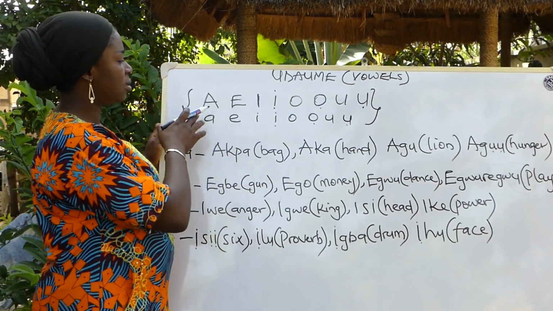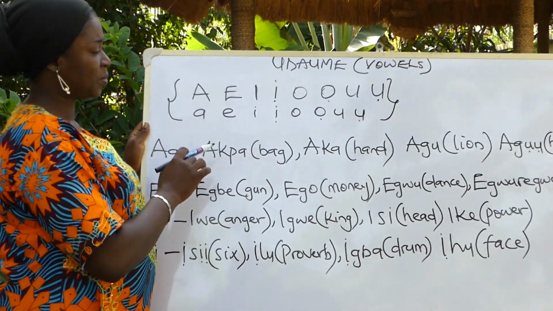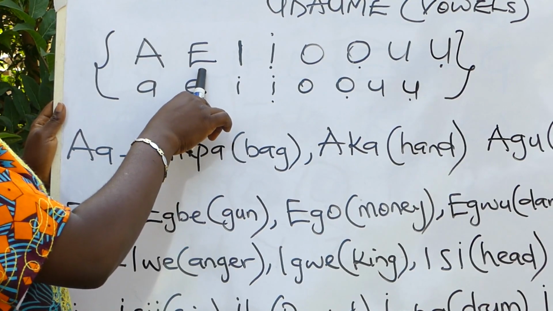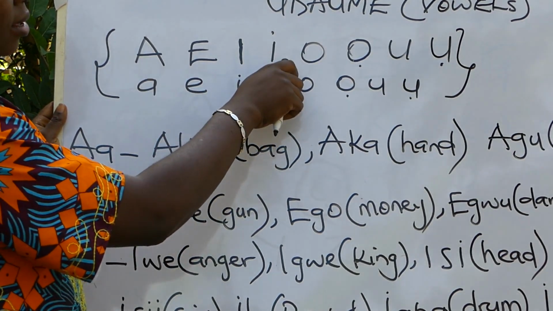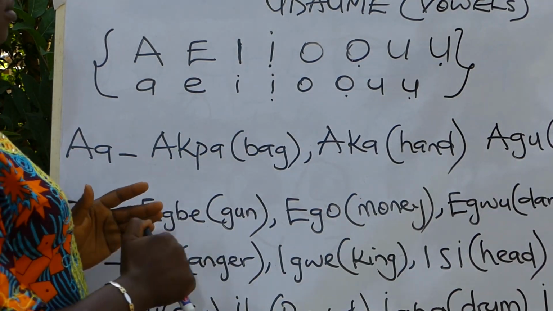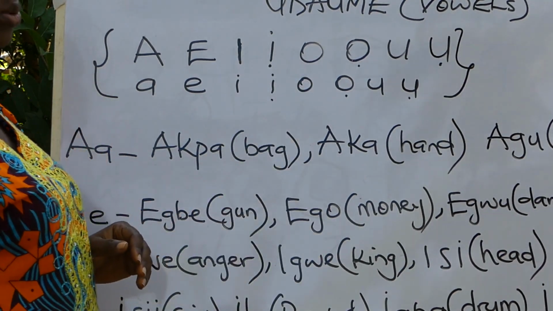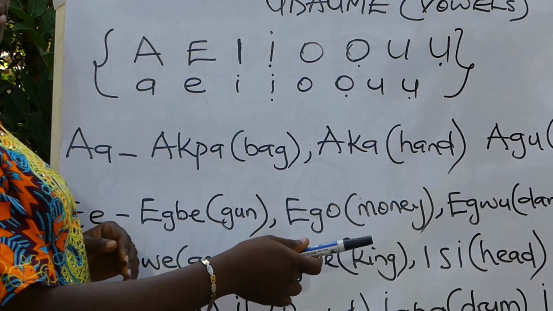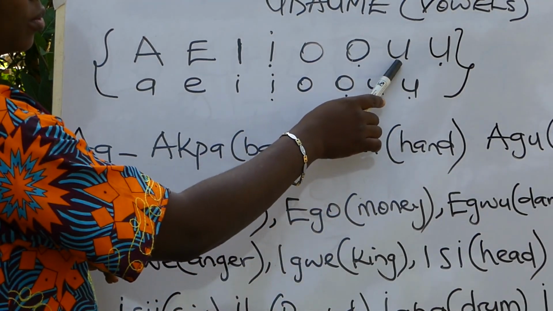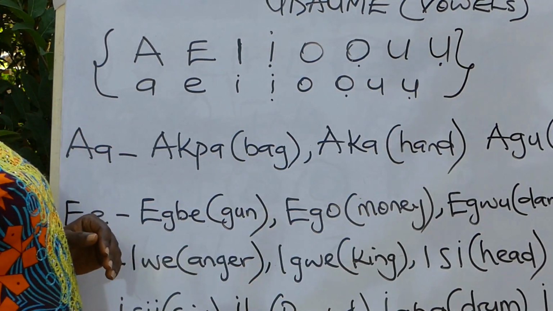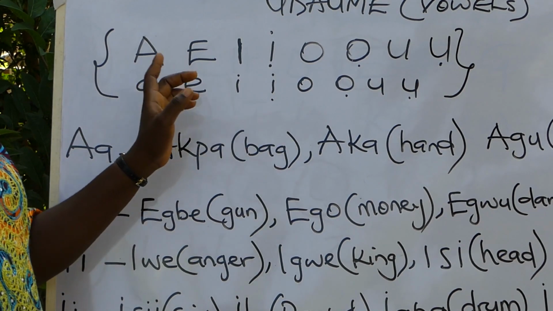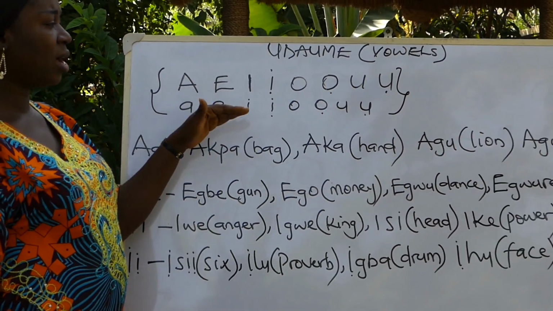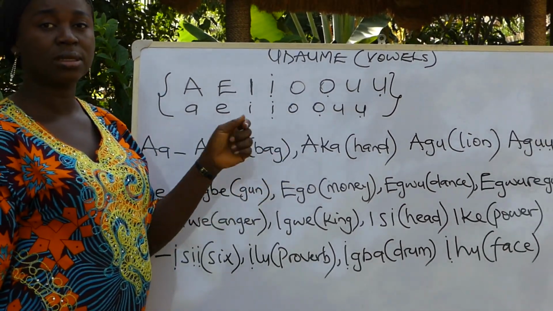So let's proceed. A, E, I, O, U, the Igbo vowels. And the Igbo vowels, remember I said we have the long and the short sound.